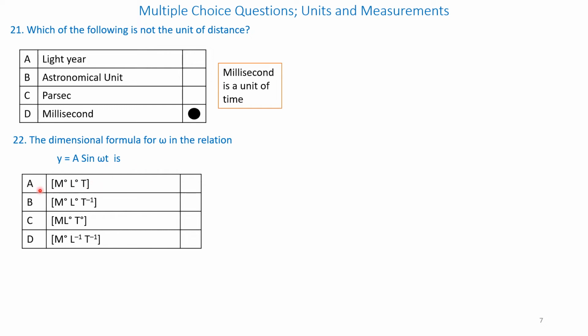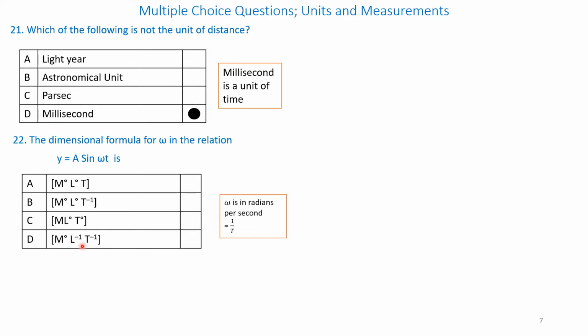Four options are given: option A is M to the power of 0, L to the power of 0 and T to the power of 1. Option B is M to the power of 0, L to the power of 0, T to the power of minus 1. Option C is M, L to the power of 0, T to the power of 0. And option D is M to the power of 0, L to the power of minus 1 and T to the power of minus 1.